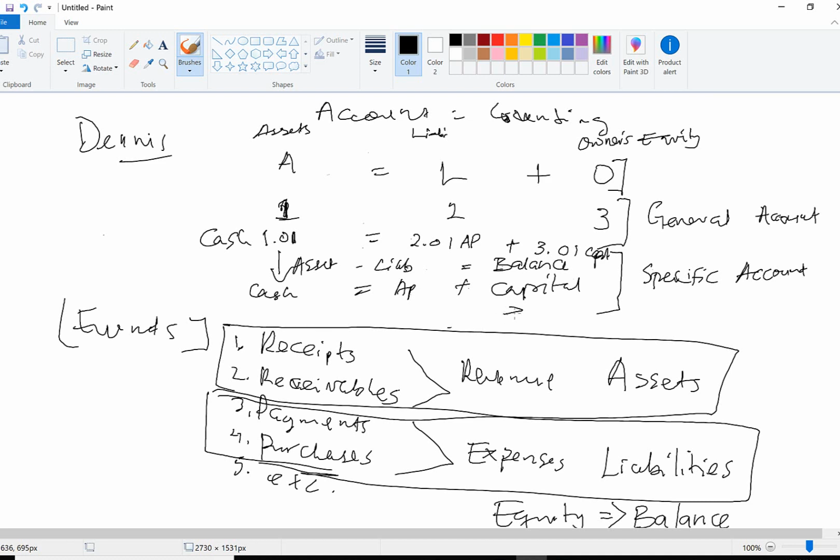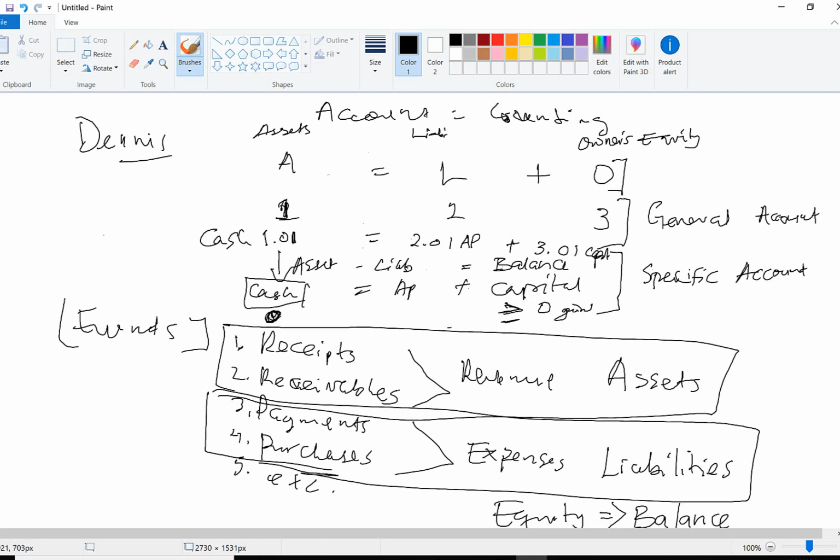Should be always greater than 0, so that there is a gain. So we take this concept, and in this case we're gonna balance here to be equal to 0, but in real life you want your owner's equity to be always greater than 0.